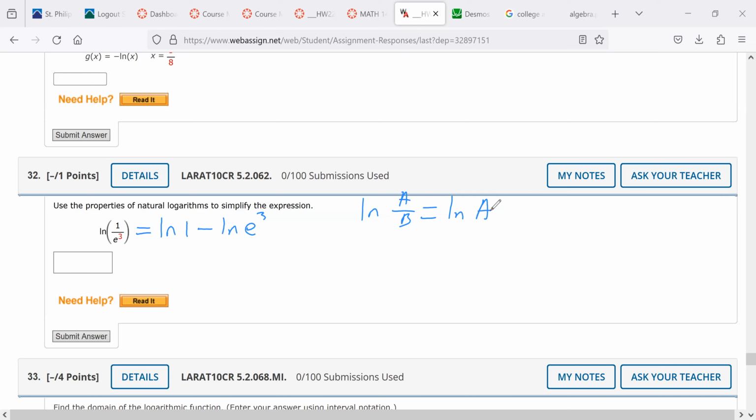This is for any log, not just ln. Remember the property that whenever you plug in a 1, this will be 0. And these match, leaving you with a 3. So this will simply be -3. So use the properties of logarithms. That's it.